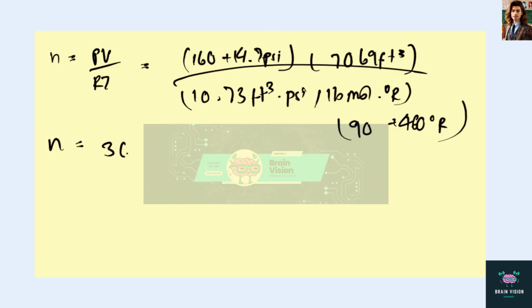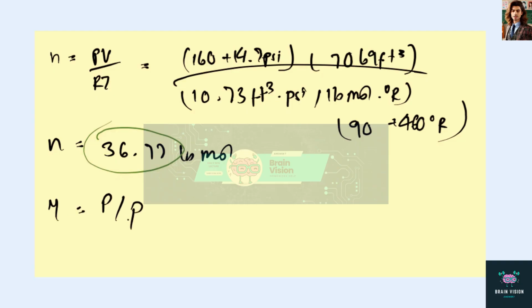Moles, 36.77 pound moles. So the number of moles of octane is 36.77. So we can calculate the mole fraction of n-octane. So we have y is equal to little p divided by big P. Substitute in our values.